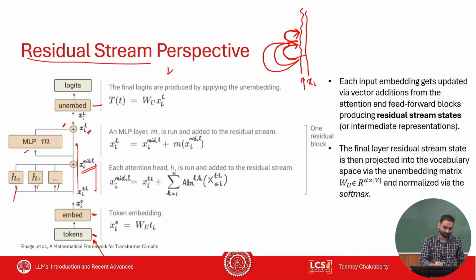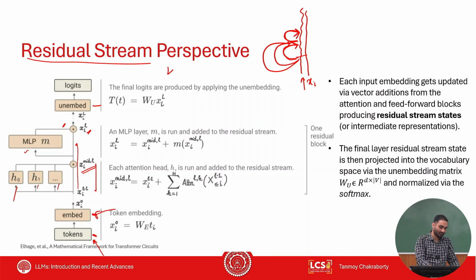And at the end, if the task is to produce the next word, let's say this is a decoder only model, what you do is pass the last hidden state through another layer, which we call the unembedding layer, right? Embedding and unembedding.